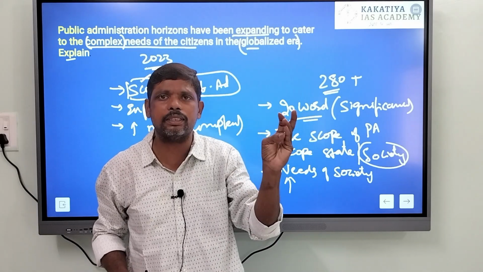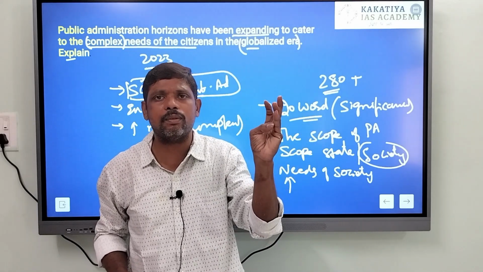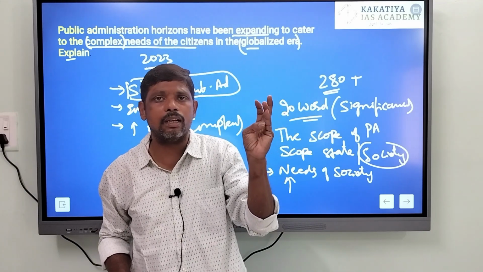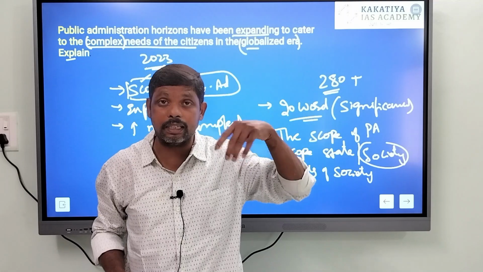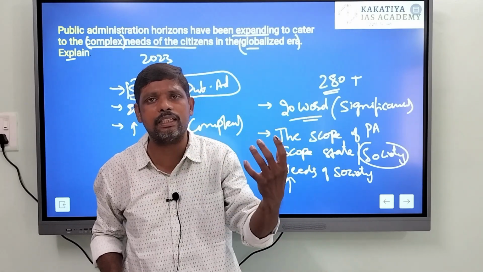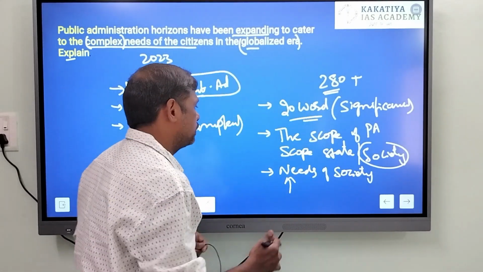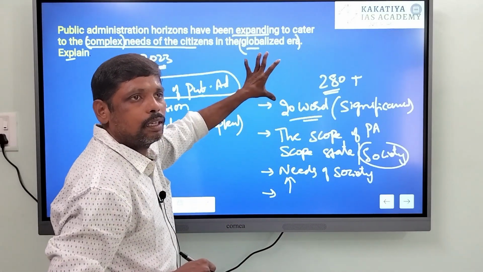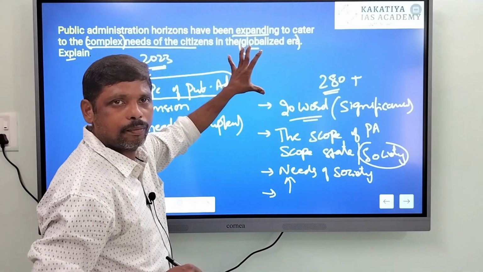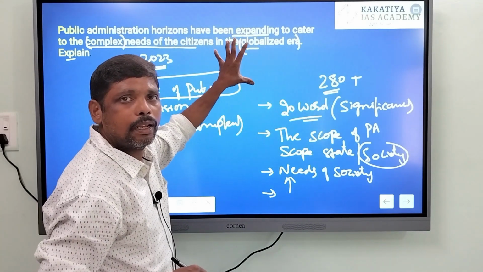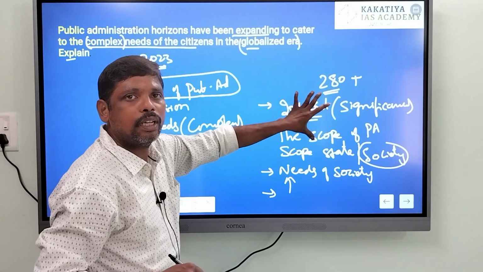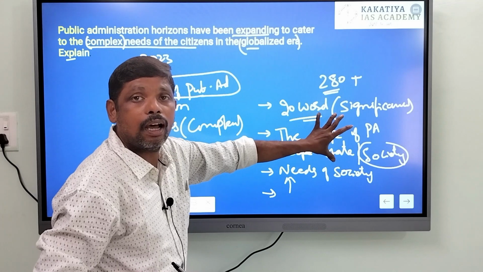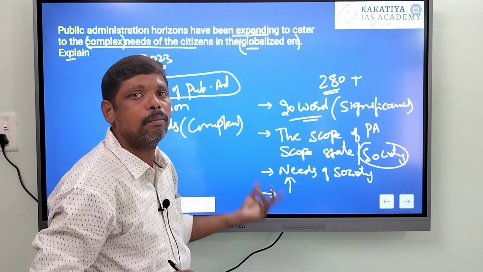So use the present-day digital governance, the present-day need for protection of rights, the present-day need for grievance redressal. Use these kinds of examples, write the answer, and say that in this globalized era, public administration should balance both the needs of citizens as well as the needs of other service providers, particularly the markets.